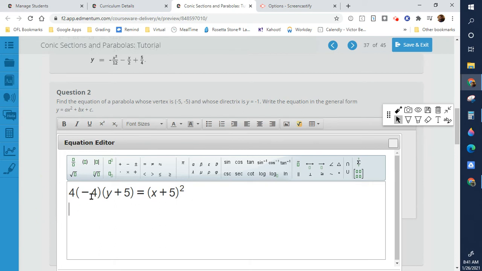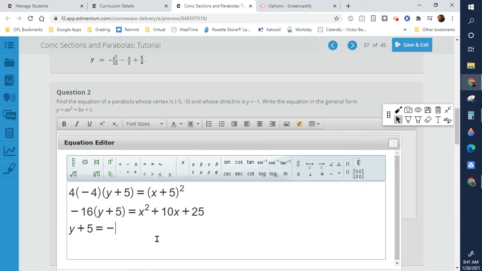I'm going to multiply this out, so I get negative 16 parentheses y plus 5. I feel this looks a lot nicer too. Now I'm going to expand this, so I'm going to get x squared plus 10x plus 25. That comes from expanding this, doing FOIL. Then I'm going to end up getting y plus 5. No longer need the parentheses because I'm going to divide 16 from both sides.